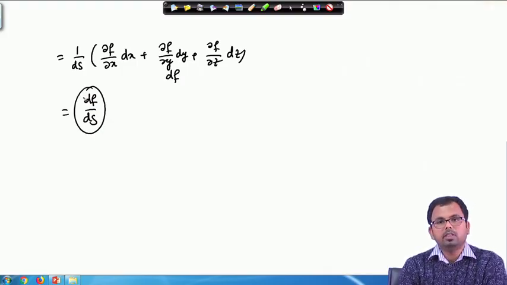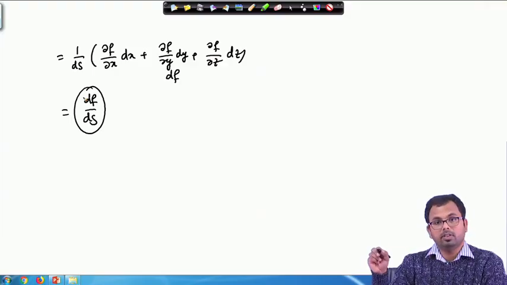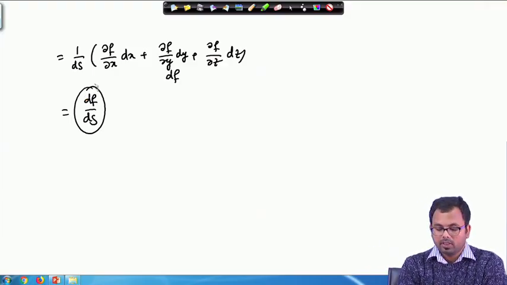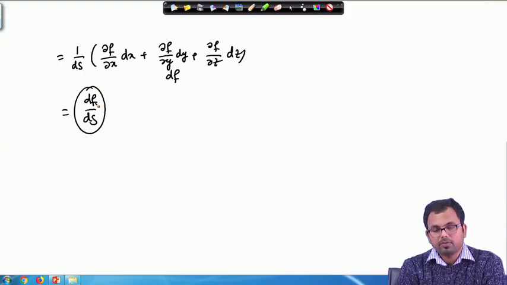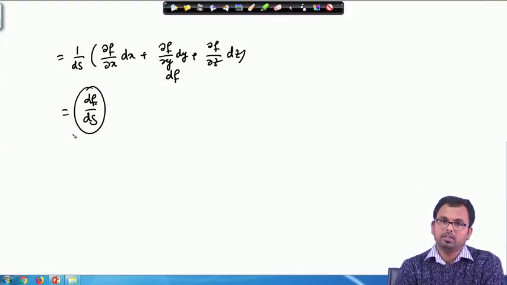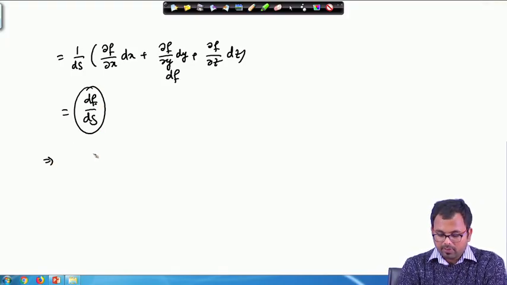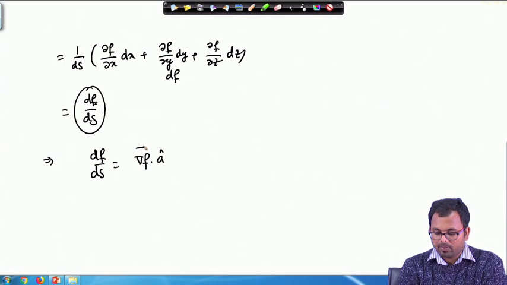Now we know that df ds is the directional derivative at the point P in the direction of A. That's what it physically means from the definition of directional derivative. So what we have is df ds equals gradient of f times A cap.